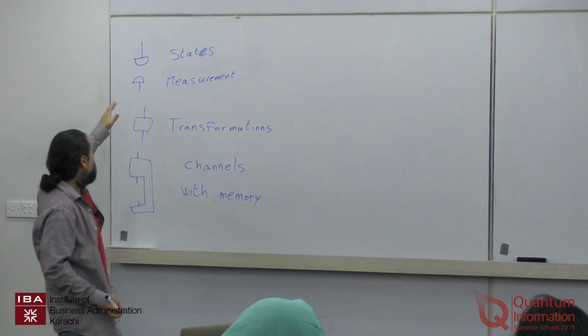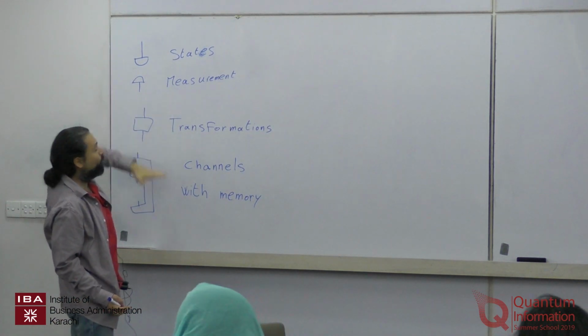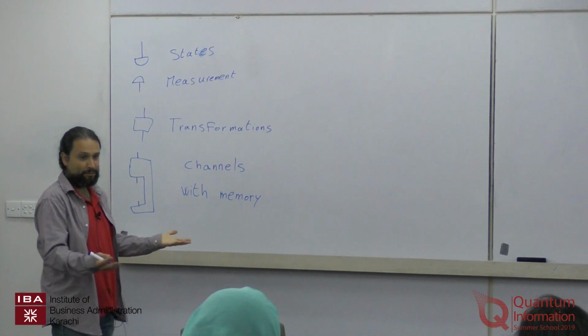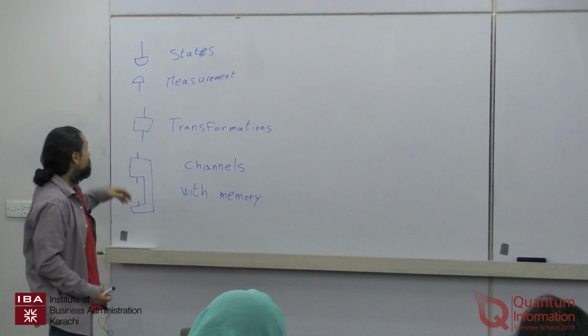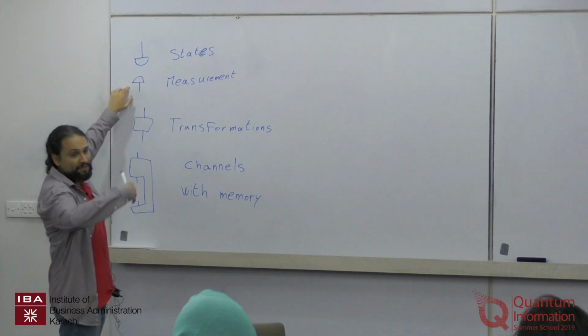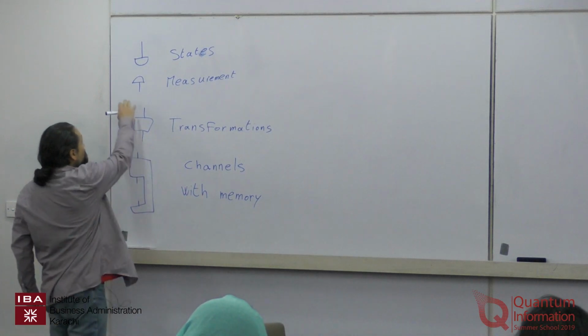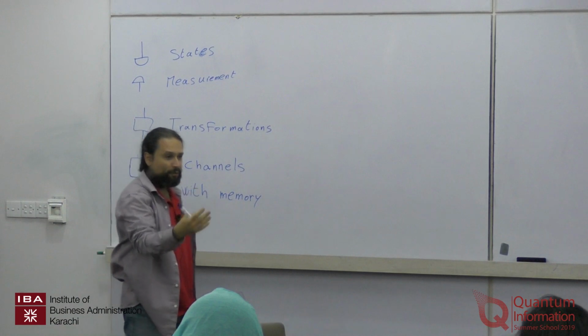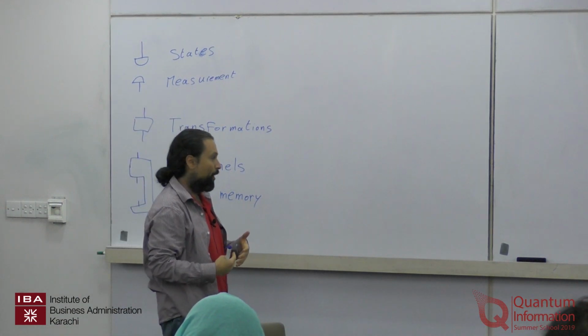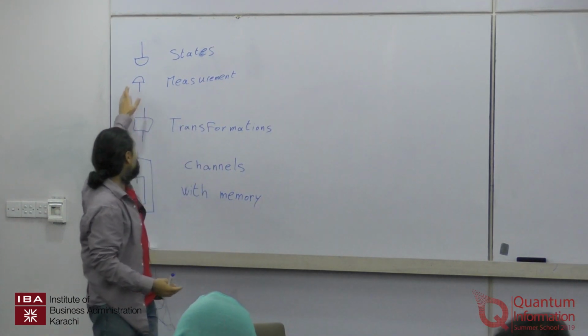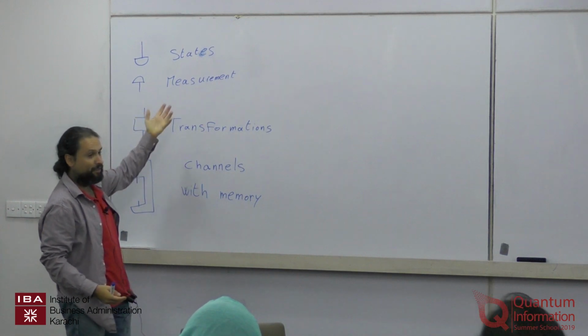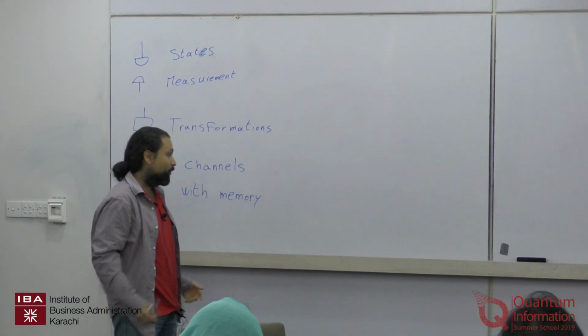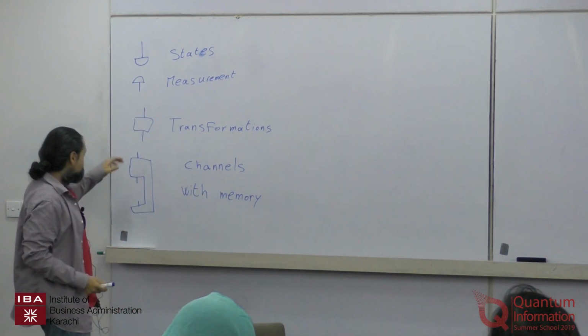This means you're not giving any description of whatever was going on in the past. You start your description from there. While this is the end of your description: at this point a measurement is performed, and it leads to some particular outcome, and you don't care about what happens after that. The system after this measurement is not described anymore. So that's the end of the circuit.